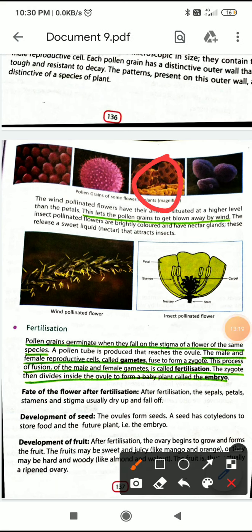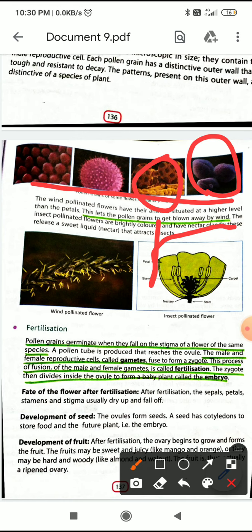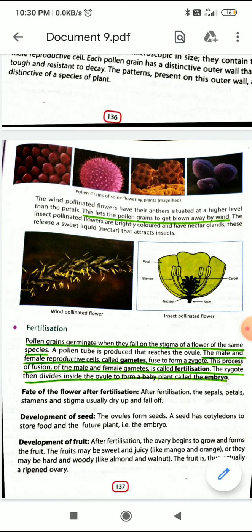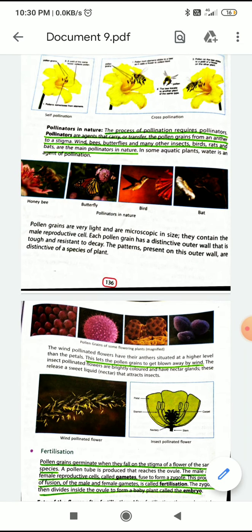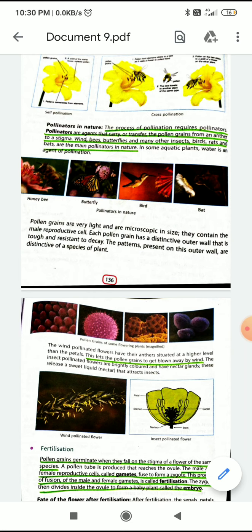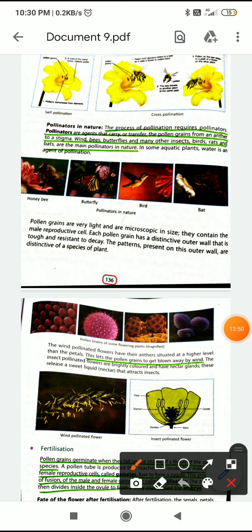Here is also one oval in shape. So what you are watching here is that pollen grains are different in different plants. What you have to know here, below the picture of these pollinators in nature, look very carefully.